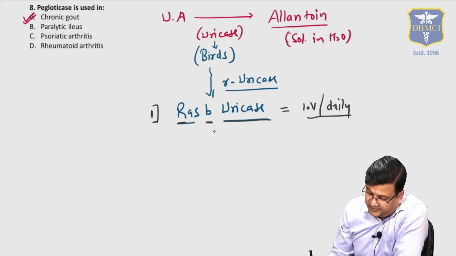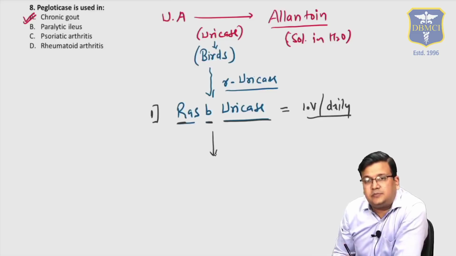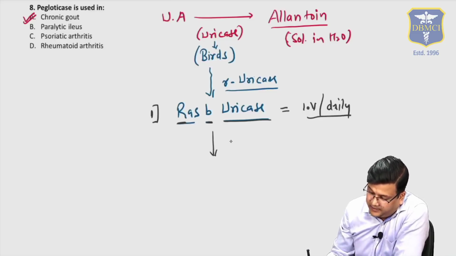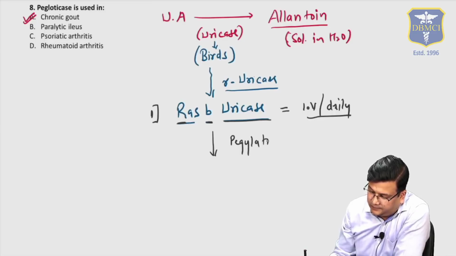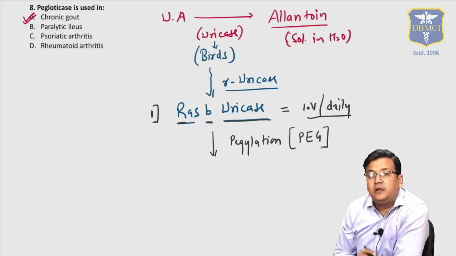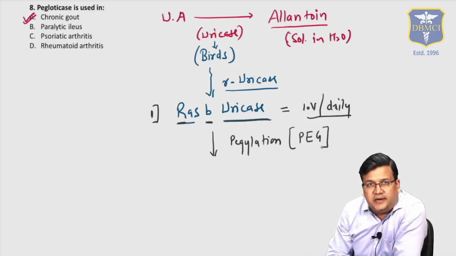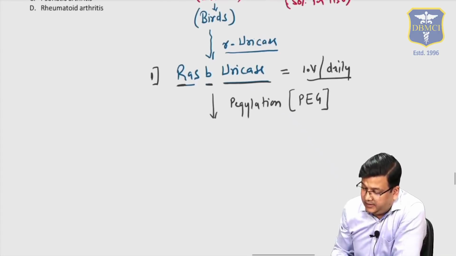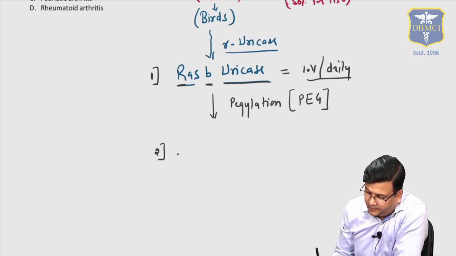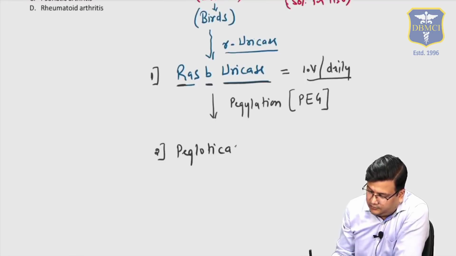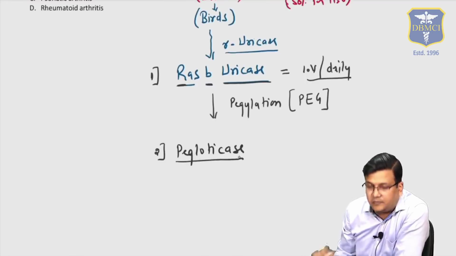Then further modifications were done in this Rasburicase. It was added to polyethylene glycol, known as pegylation. Pegylation means addition of polyethylene glycol. Polyethylene glycol was added to uricase enzyme and the drug becomes pegloticase.